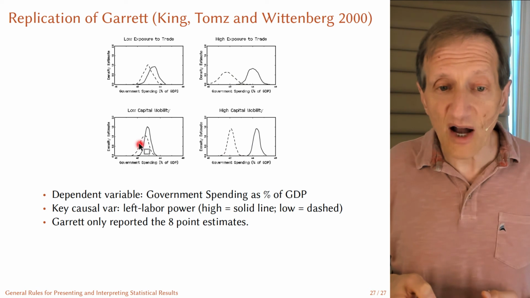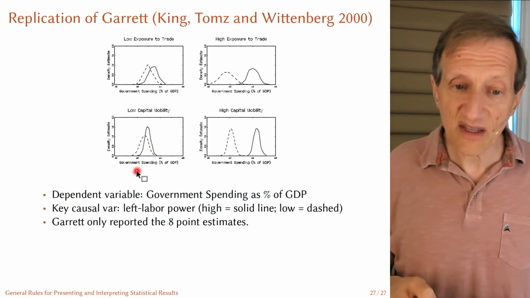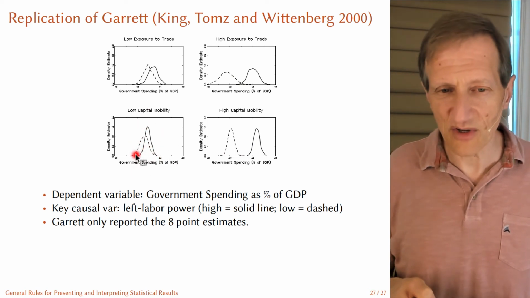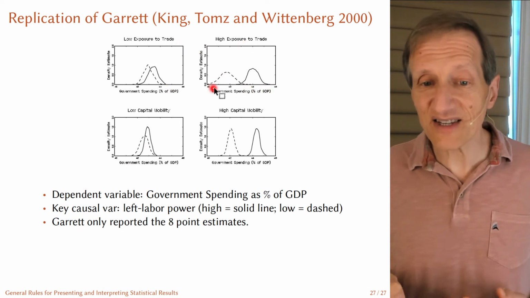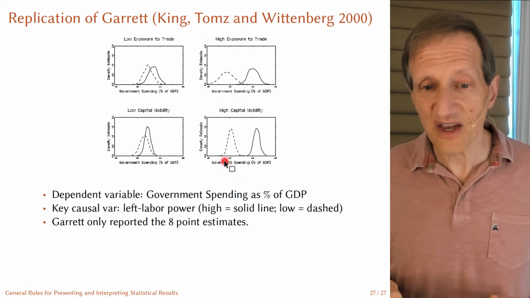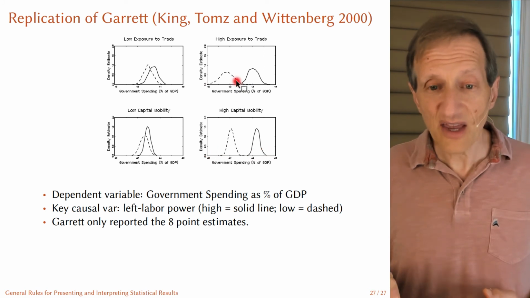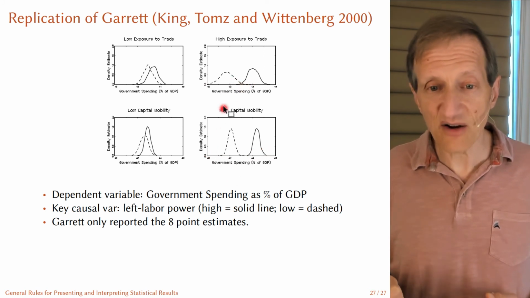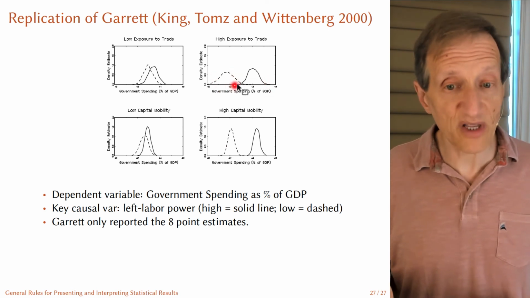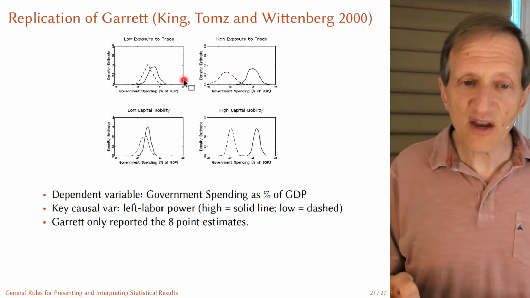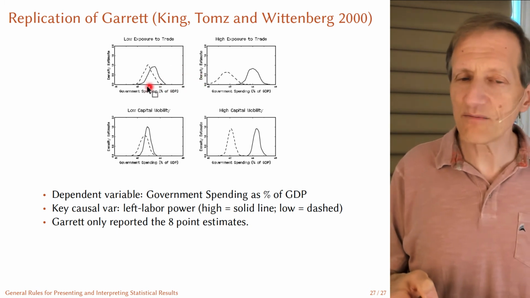But for low capital mobility, there's a big overlap in the two. Similarly, for high exposure to trade, there's a big difference between government spending. The effect is about the same here, even though it's a little more uncertain than down here. There's a clear separation between the two histograms of simulated values. Over here, for low exposure to trade, there wasn't much of a difference.